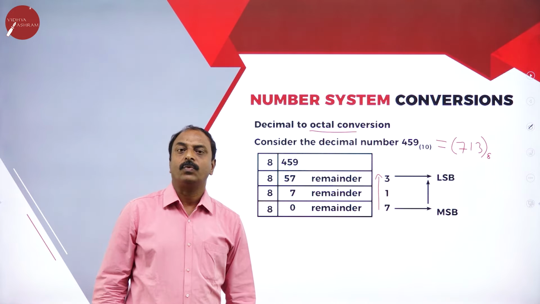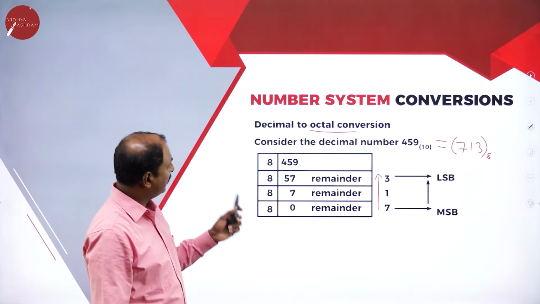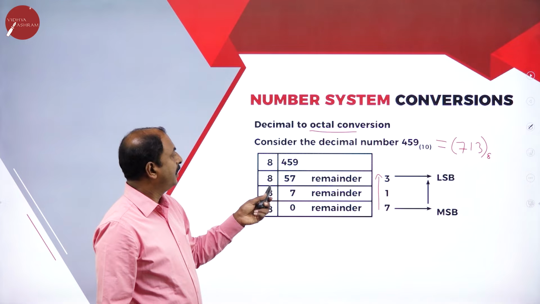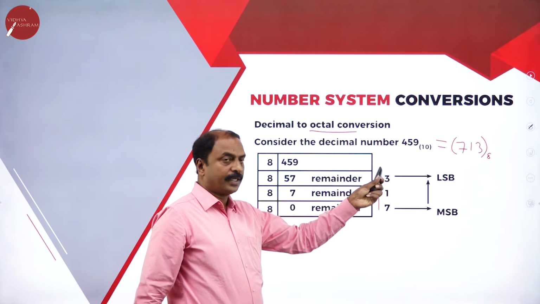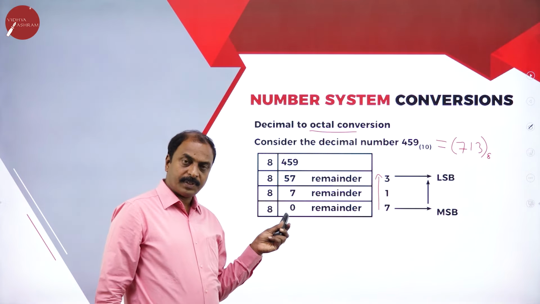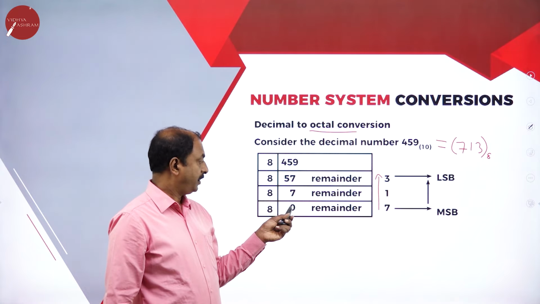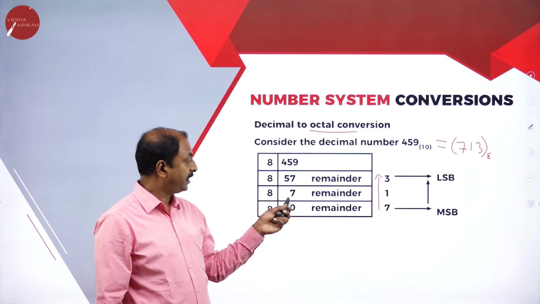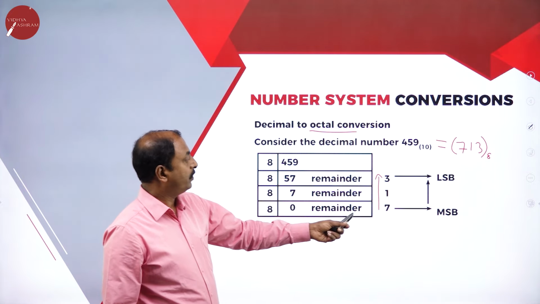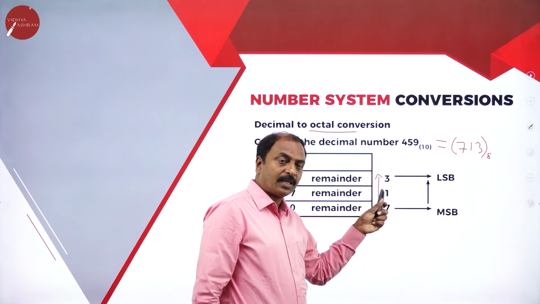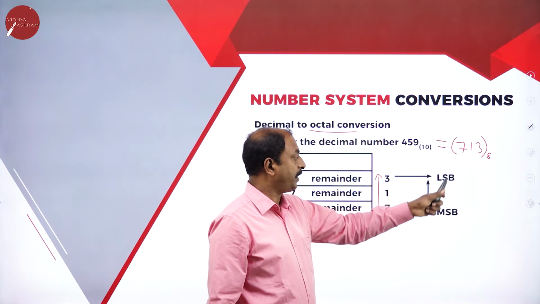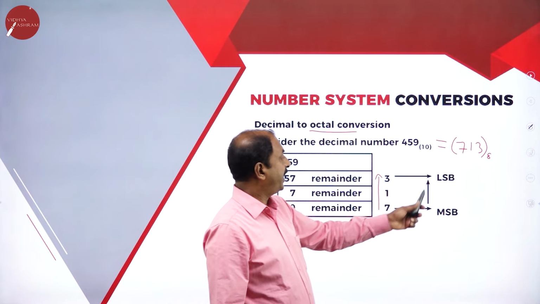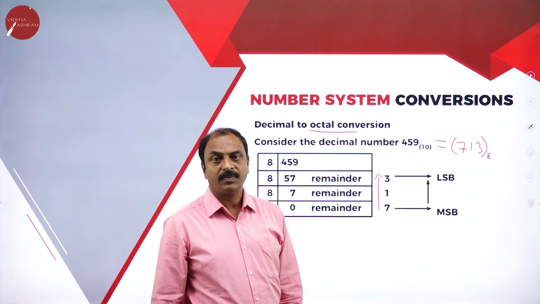So students, what is the procedure for this? In the octal number system, divide the given decimal number by 8 and keep storing the remainder. We divide as long as the quotient is not less than the base number, or in this example less than 8, and we have to keep the answer in reverse order, that is from MSB to LSB. MSB stands for most significant bit and LSB stands for least significant bit.